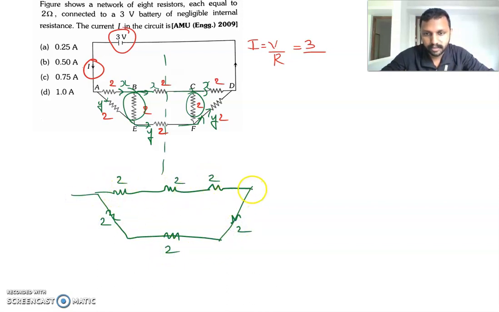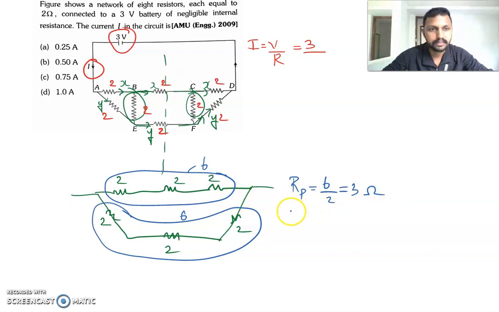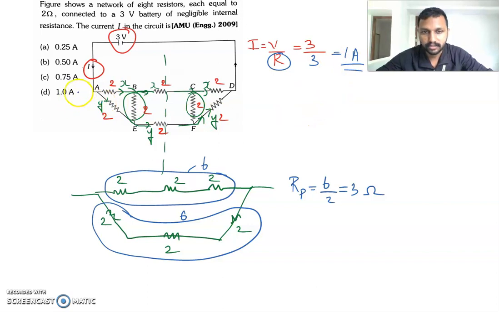Then we can clearly see these three resistors are in series, therefore 6, and these three resistors are in series, therefore 6, and the 6 and 6 are in parallel, so Rp is equal to 6 by 2, that is 3 ohm. The effective resistance is 3 ohm, so instead of R we substitute 3, and we get 1 ampere. This is our answer, therefore option D is the correct answer.